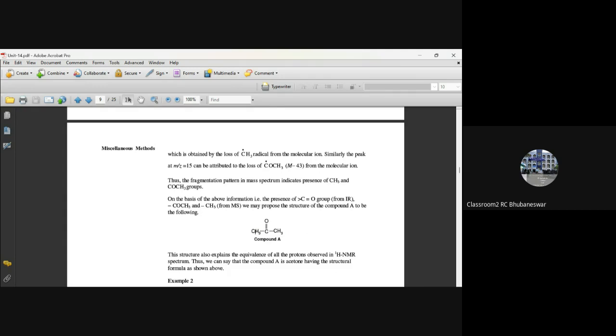That is why you get a single high intense peak in the NMR, and it is deshielded because of the nearby CO group. You also get an IR peak which is an indication of the carbonyl group. So you are able to get every piece of information out of this compound.